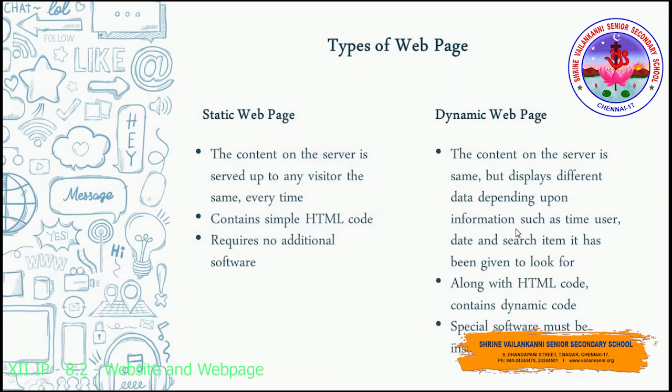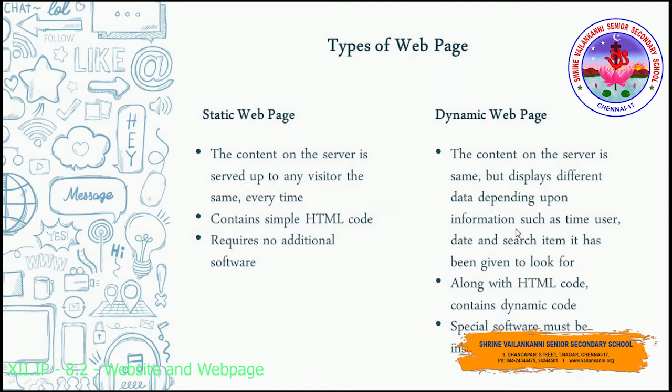For some websites you will have user accounts. For a paid user, you will get different information. For a non-member, you will get different information. So depending upon the user also, you can see different information on the web page. That is called a dynamic web page.